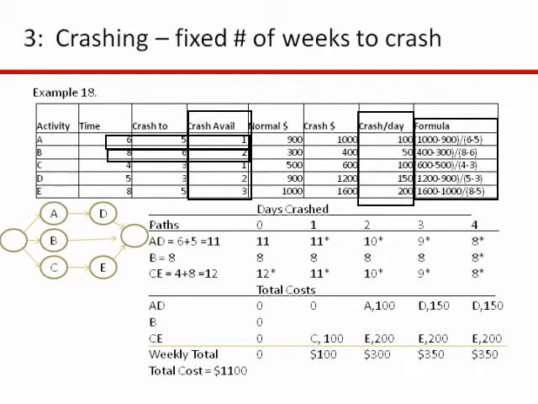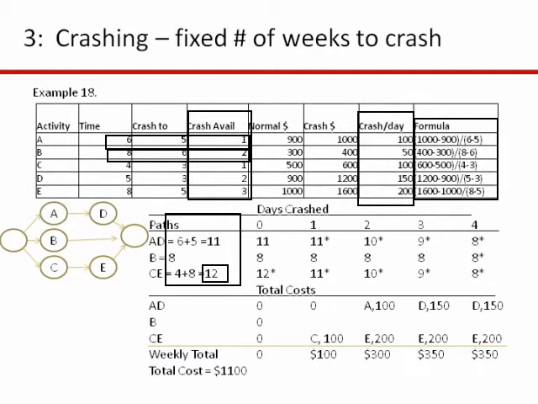Okay, so the next thing you have to do is you have to identify the paths. So you can see that this network, there are 3 paths. There's AD, there's B, and there's CE. If you look at these 3 paths, you can see that path CE is the critical path.